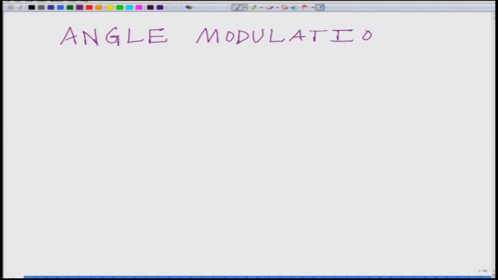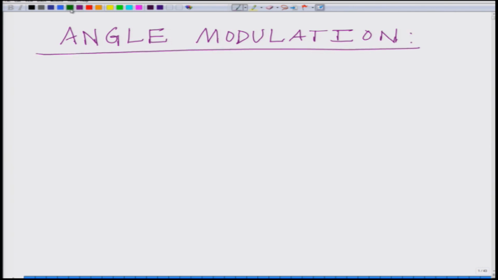So far we have looked at amplitude modulation. We will now look at a different form of modulation that is termed angle modulation.